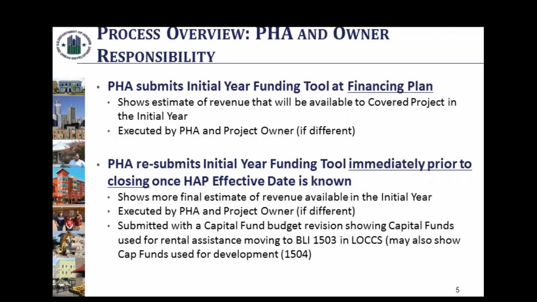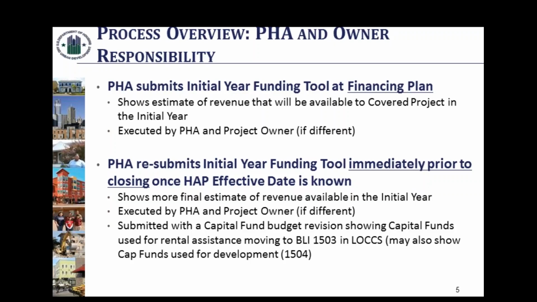That it's not just the contract rents that they have to pay attention to looking at the overall deal, but that they're paying some attention to this because we've found a lot of parties were sometimes surprised to learn this after the fact. So just to make sure everybody's on the same page, we require the submission at the financing plan. As I'll show you in the next page, we're not really doing much with it.